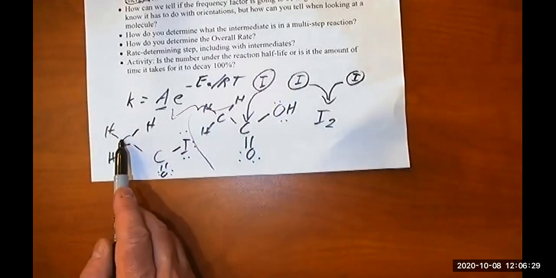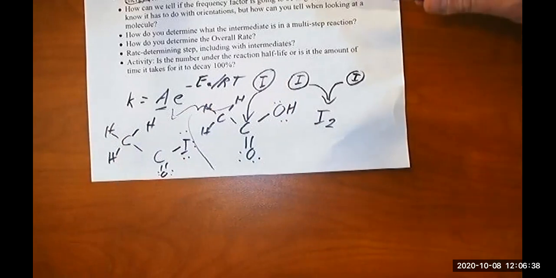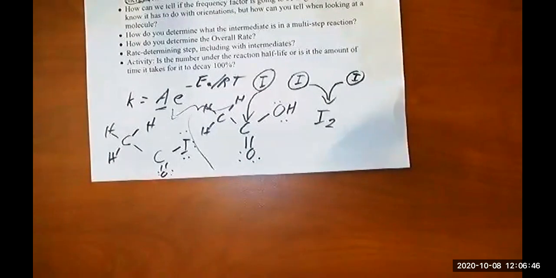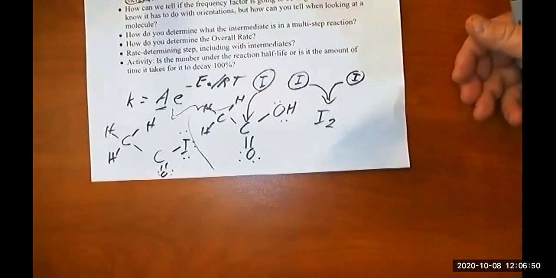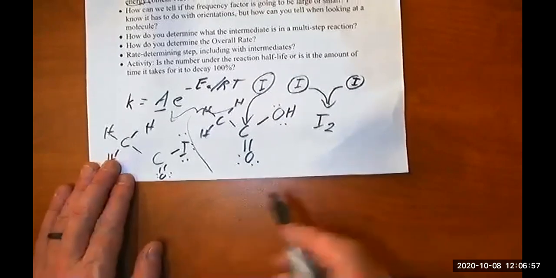Hitting this carbon over here is not going to cause the reaction because of simply where it ends up. So the idea is that you have to be able to look at what the reaction is and either be told or be able to figure out from what you're given what's the sort of target on the molecule that the collision has to happen at. Does that general idea make some sense? Okay. All right.